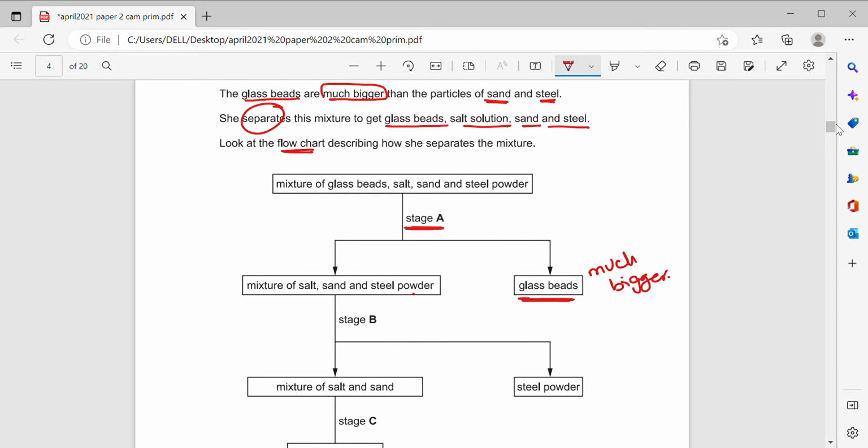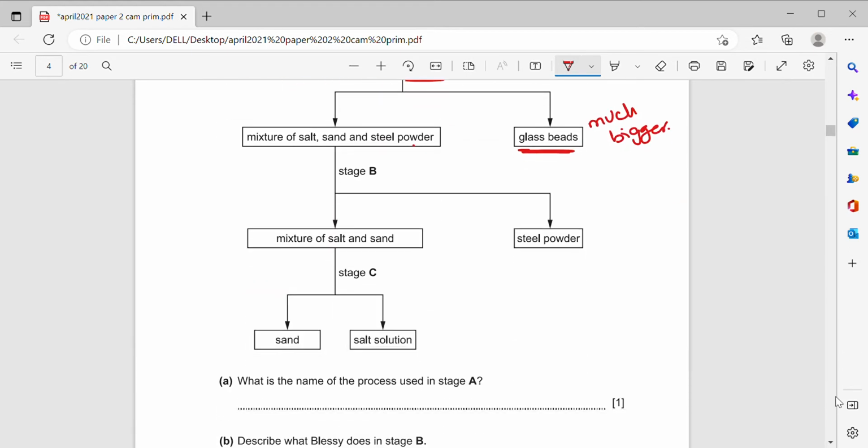Okay, this is a key word that could help me. After this, she did stage B, mixture of sand, salt, and steel. She separated the steel from the salt and sand, so something specific to steel. Then stage C, she separated the sand from the salt solution.